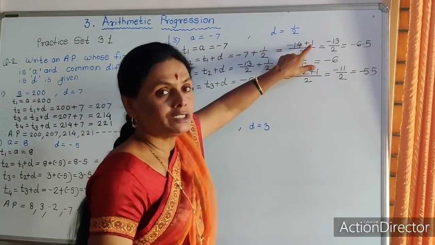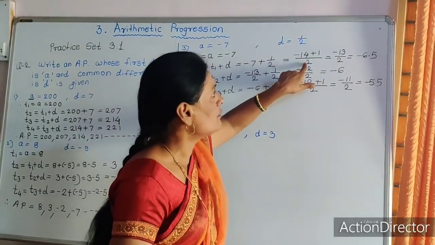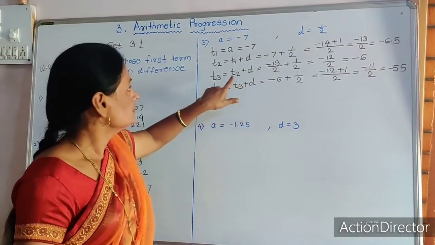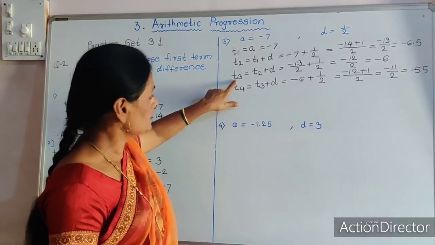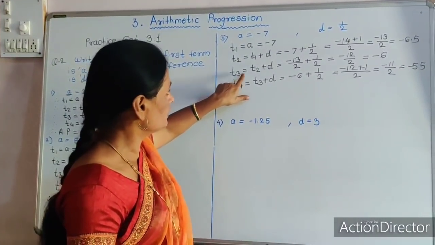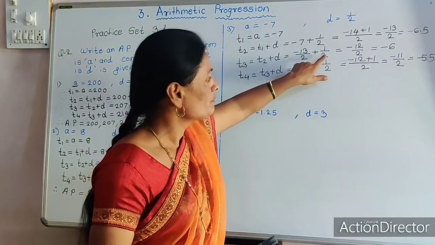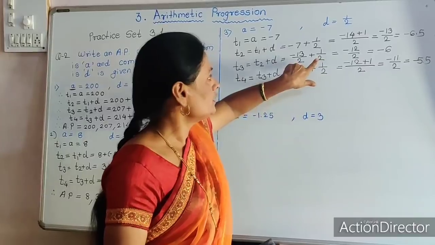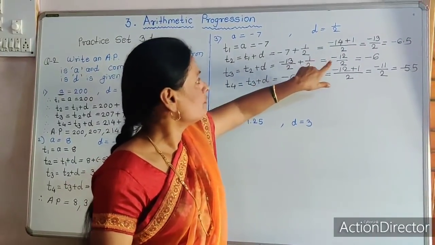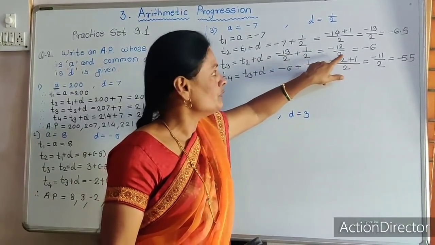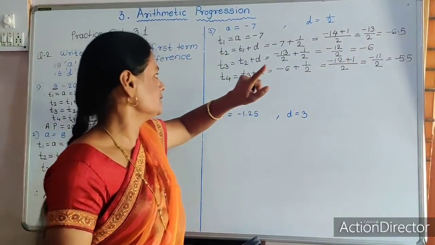Minus 14 and plus 1 becomes minus 13 upon 2, that is minus 6.5. The next term T3 is equal to T2, minus 13 upon 2 plus 1 half. Here the denominator is the same. Therefore, minus 13 plus 1 becomes minus 12 upon 2 is equal to minus 6.